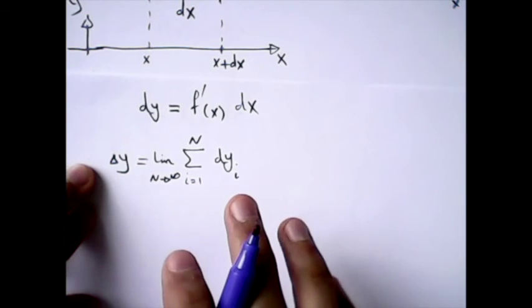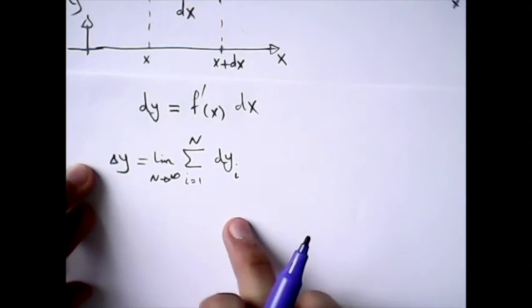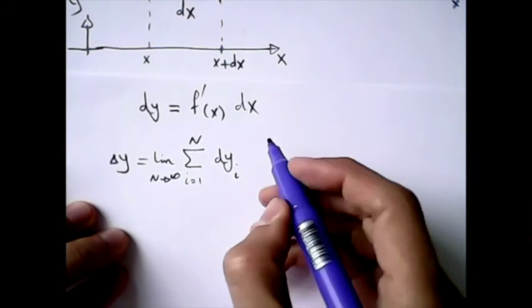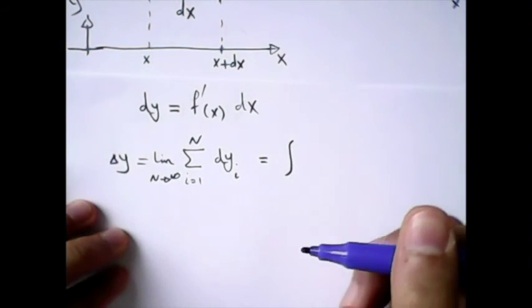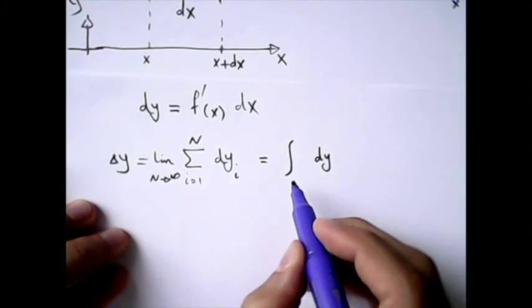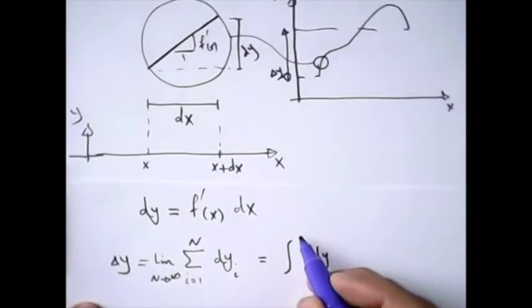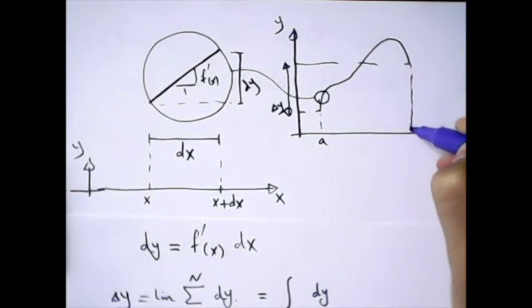You probably are familiar with this formula here. This is by definition the integral. This is the integral of dy as we go from one point to the other. Our mountain started from a and went all the way to b.